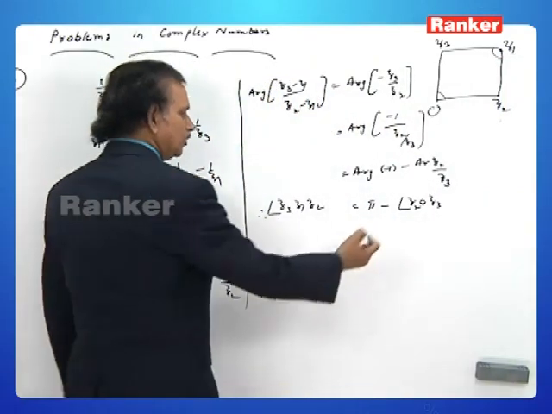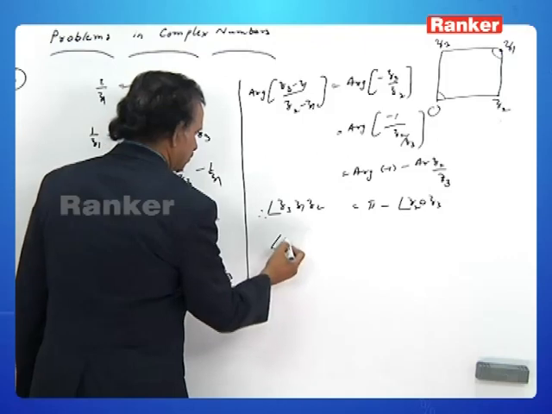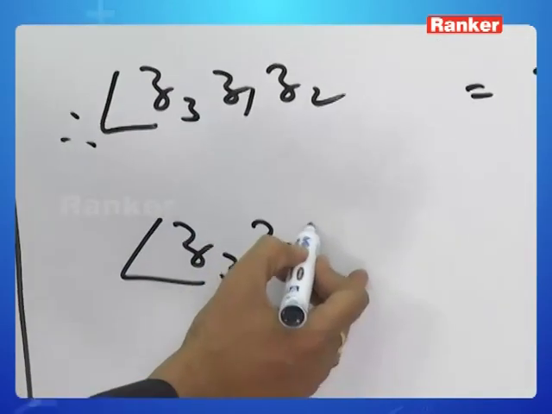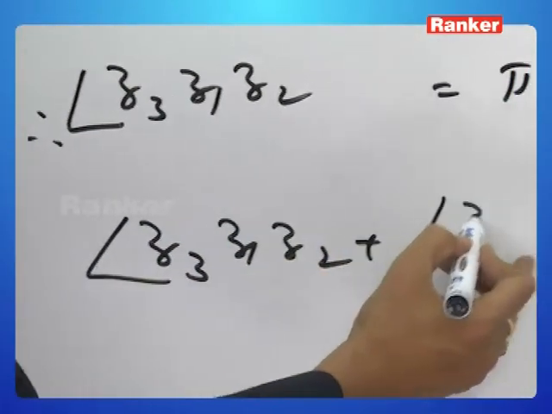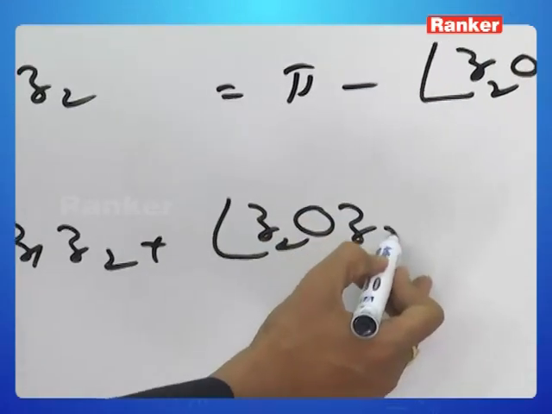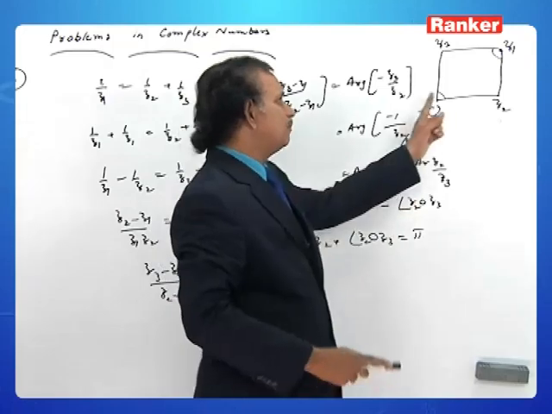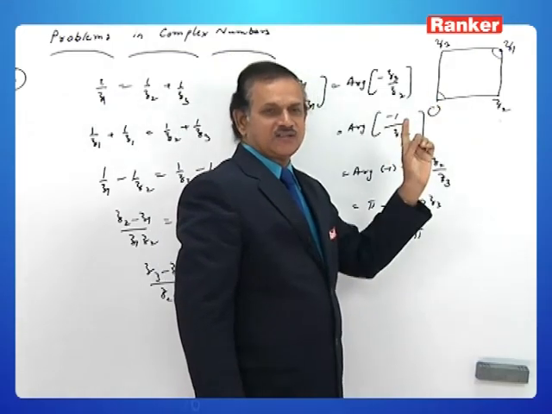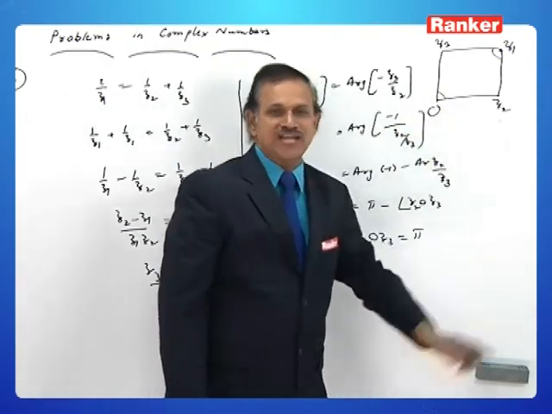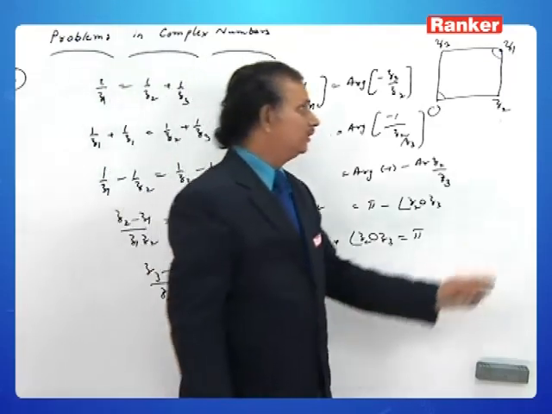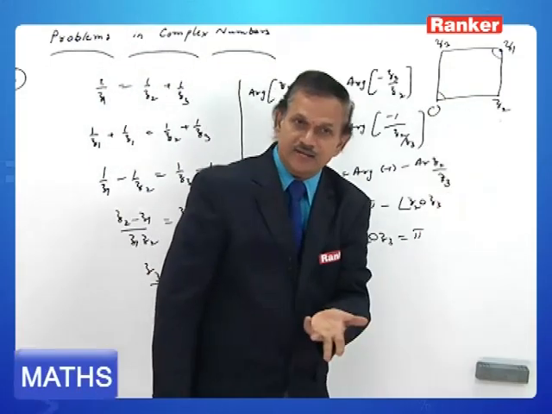Well, you bring that angle this side. What is going to happen? Angle Z3 Z1 Z2 plus angle Z2 O Z3 is equal to pi. Therefore, in a quadrilateral, the sum of a pair of opposite angles is 180. What does it mean? The sum of these angles is also 180. Why?